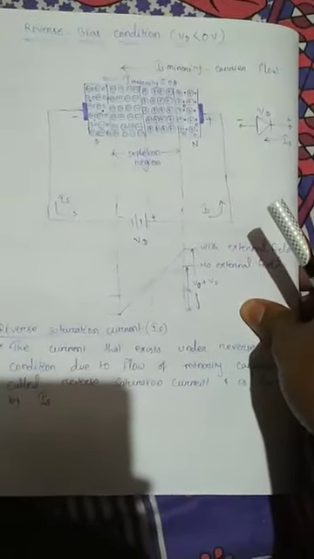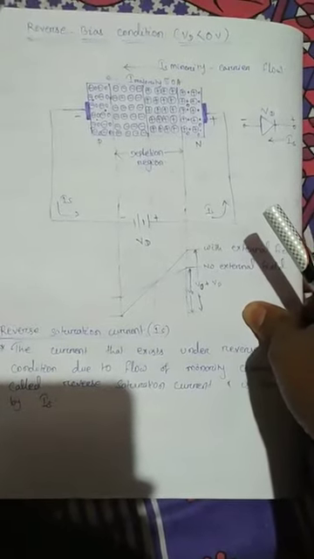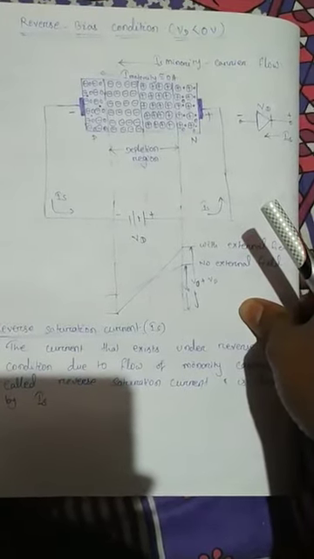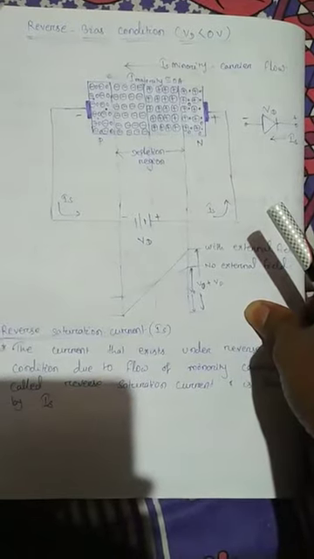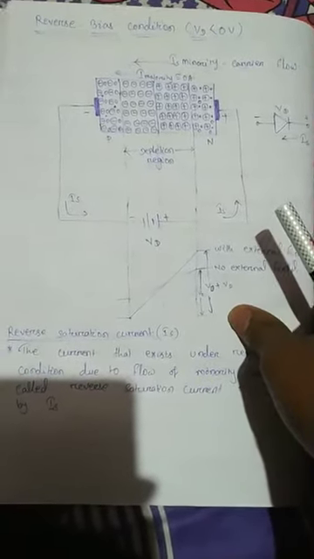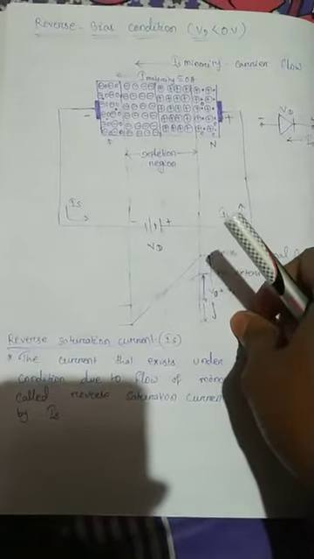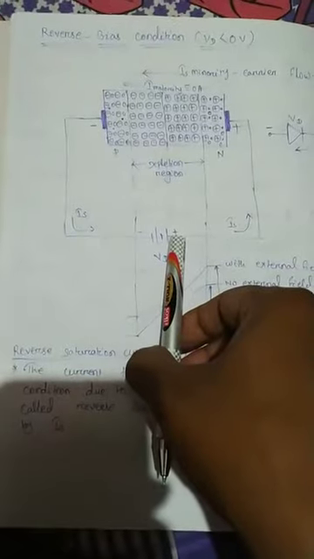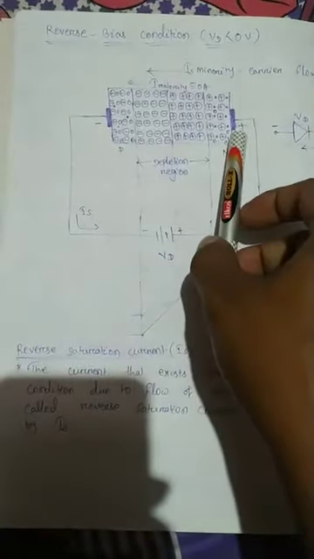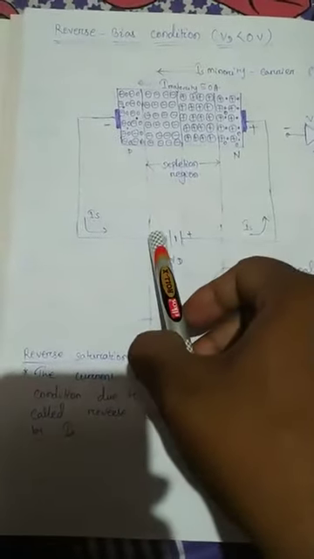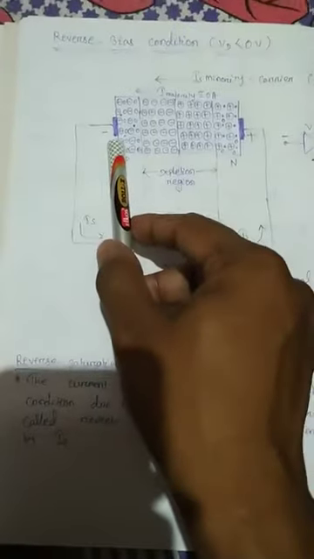Now consider the case of reverse bias condition. If an external potential is applied such that the positive terminal of the external potential is connected to the N side and the negative terminal is connected to the P side.